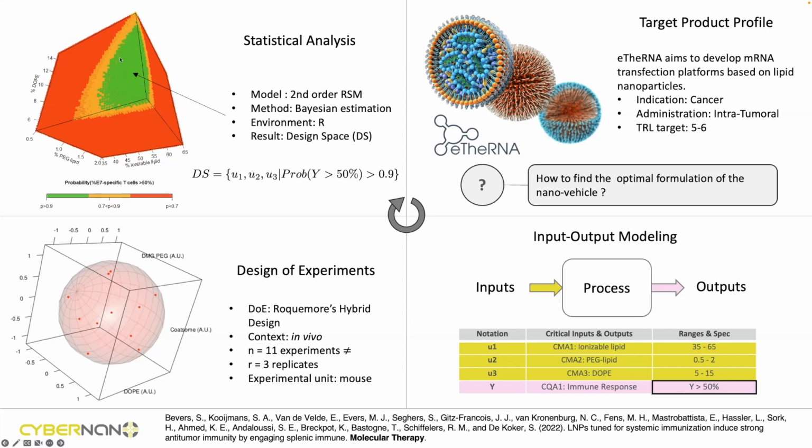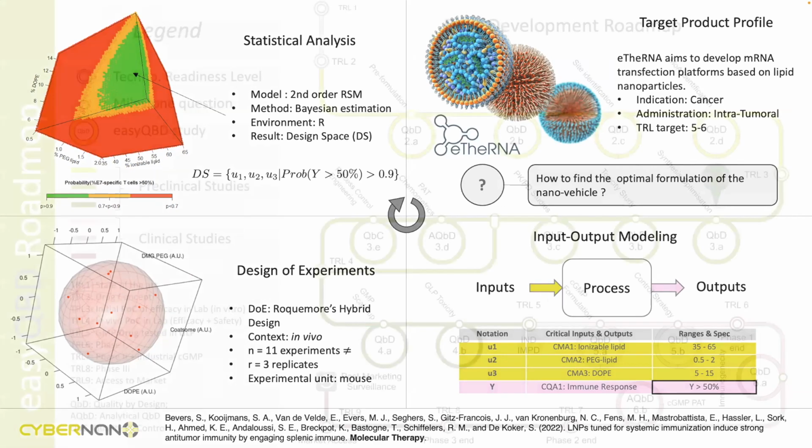In this region, we have more than 90% chance to meet the requirement. So all the green points correspond to different proportions of lipids with a maximum chance to finally get the requirement we need. So this is an example.